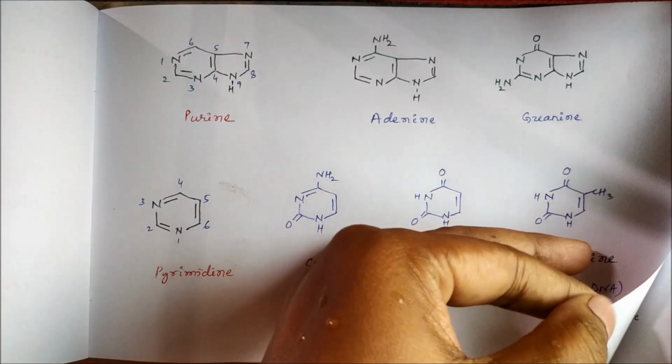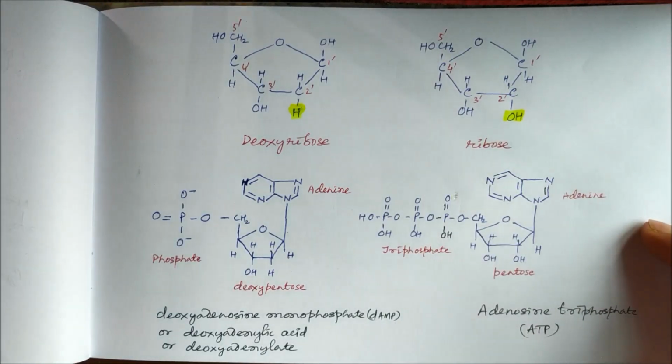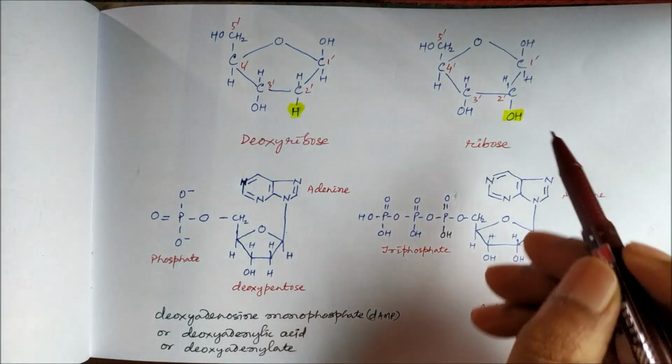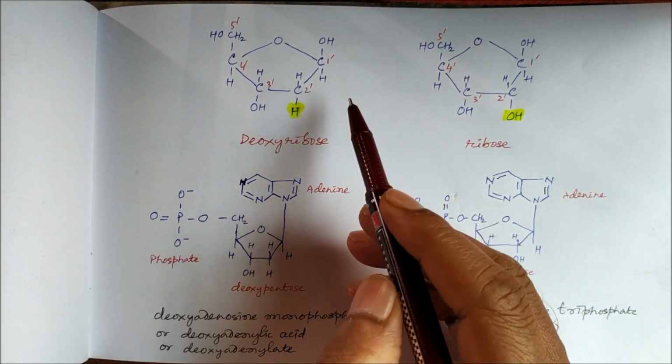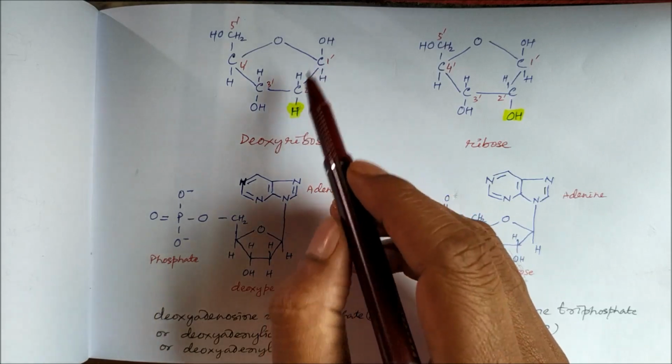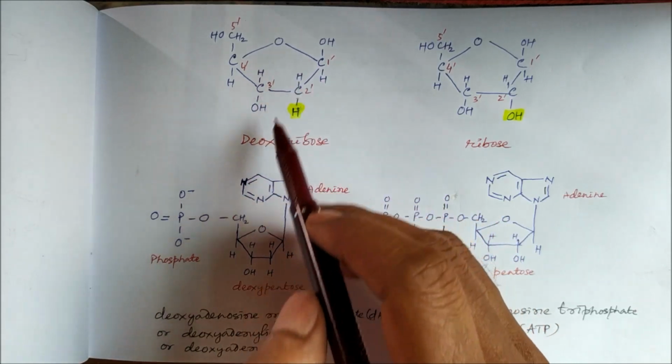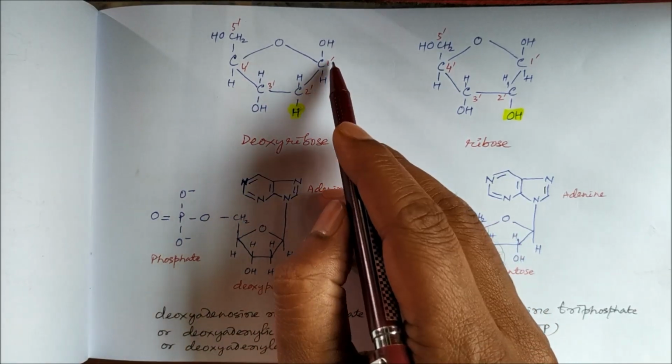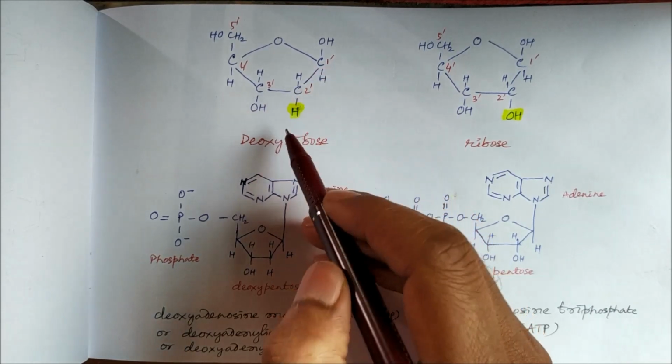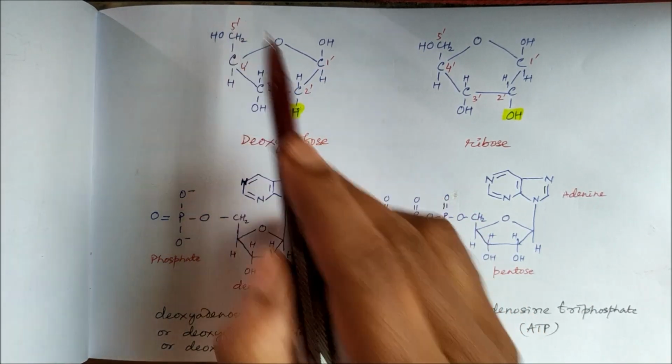Now, the sugar. This is a pentose sugar, and its numbering goes 1 dash, 2 dash, 3 dash, 4 dash and 5 dash.